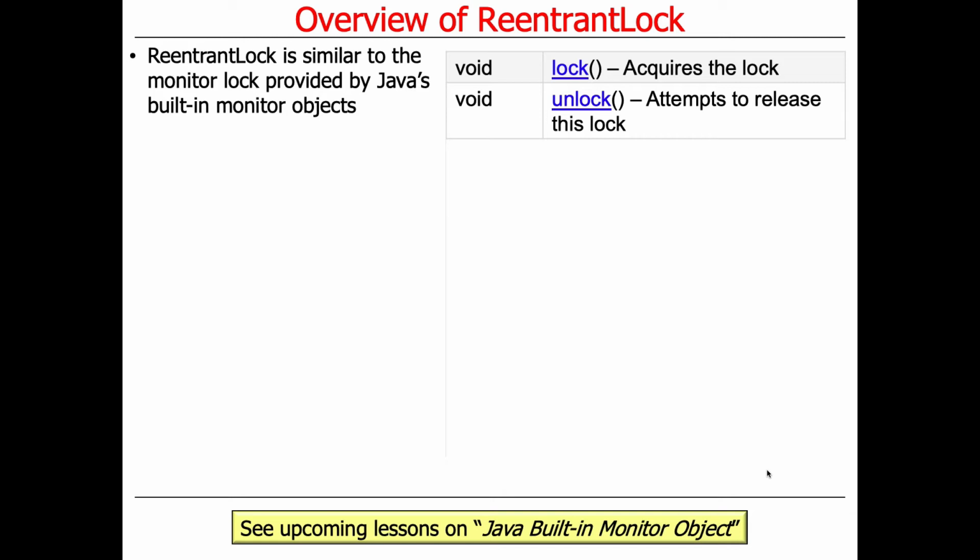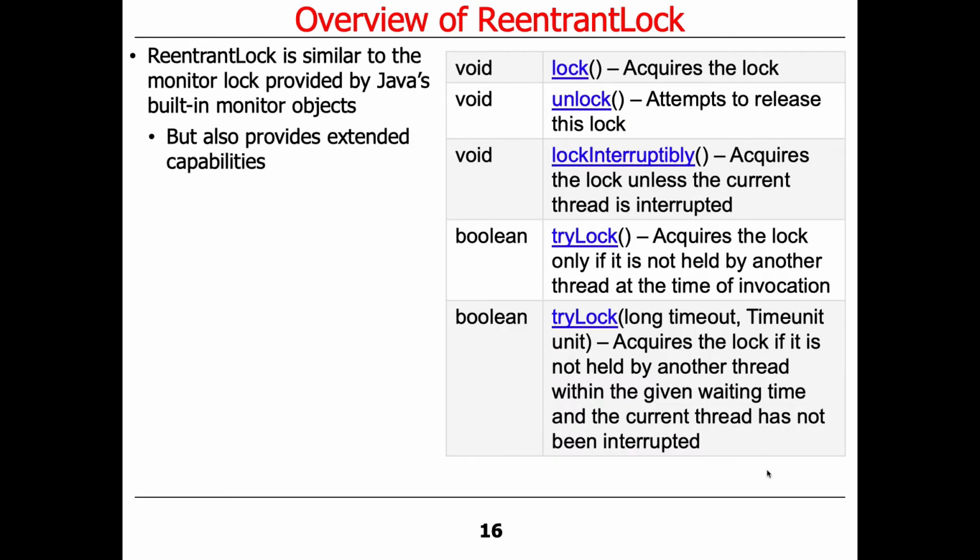And we'll talk more about that. So lock gets the lock, unlock releases the lock if it's held. There's also a bunch more things that are provided beyond lock and unlock. And these are all things that you don't get by using the built-in Java synchronized statement or synchronized method.